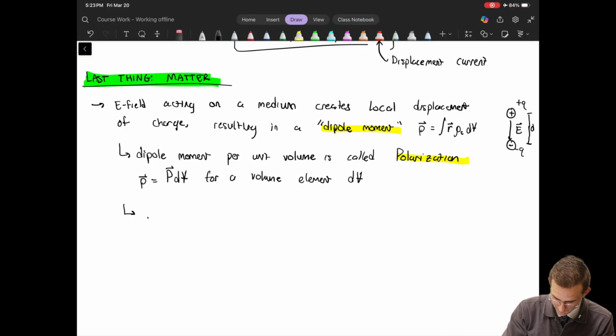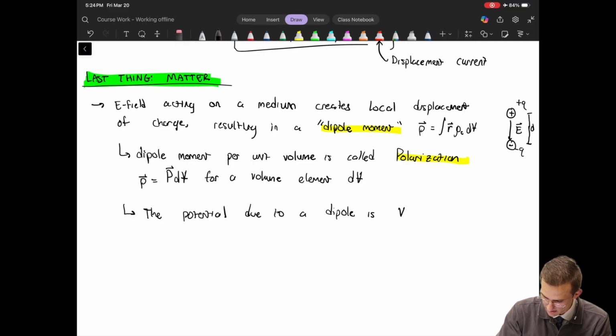The potential due to a single dipole is V of R equal to 1 over 4 pi epsilon naught times the dipole moment dotted with r hat over r squared.